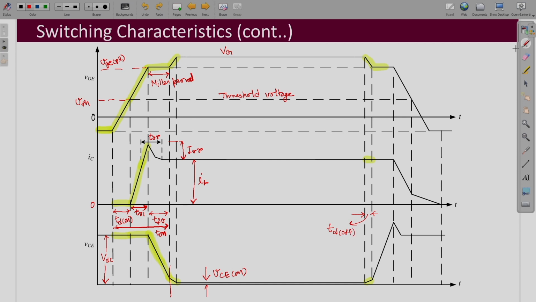Then during the Miller period the voltage first builds up, and there may be overshoot because of stray inductances, while the current does not change. After that, the gate voltage goes from the Miller voltage to the threshold voltage, and during that time the voltage almost settles back to VDC, the blocking voltage, but the current decreases significantly.